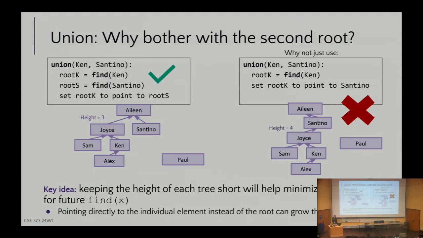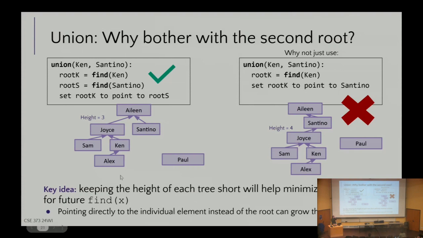So I'm going to find the overall root of both of the sets, and unlike the previous example, which is, we'll say the basic idea, I'm going to add an optimization where I am going to only add the smaller tree into the larger tree because that is less likely to grow the tree height.